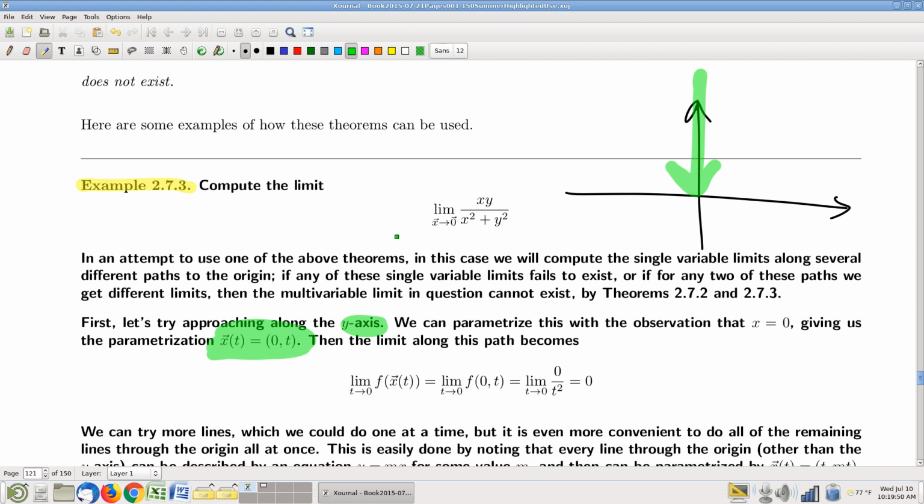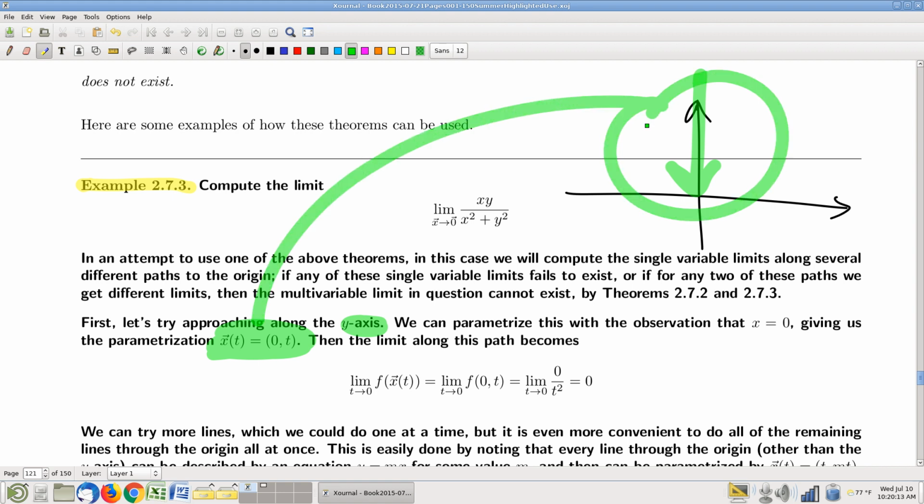Note, we need a parameterization, right? I'm going to have to take this path. I'm going to have to plug it into the function. I'm going to need to know x and y as functions of a parameter, t, so I can say t approaches 0. So we need parameterization. So this is one of the reasons why we need parameterizations right here. So persuade yourself that this parameterization parameterizes that path as t approaches 0.